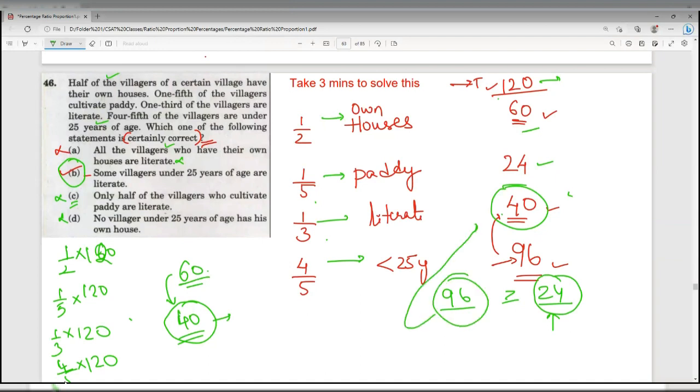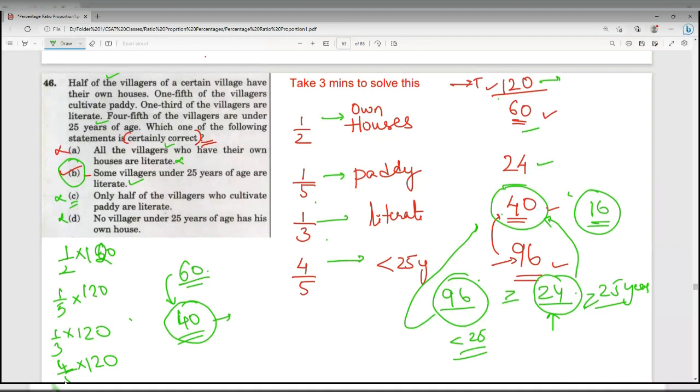Only then it can be 40, or else you just cannot make 40 out of this group. Only these people can make 24. The remaining 16 would be from this population that is less than 25. So there would be some people who are literate. So this option is correct.